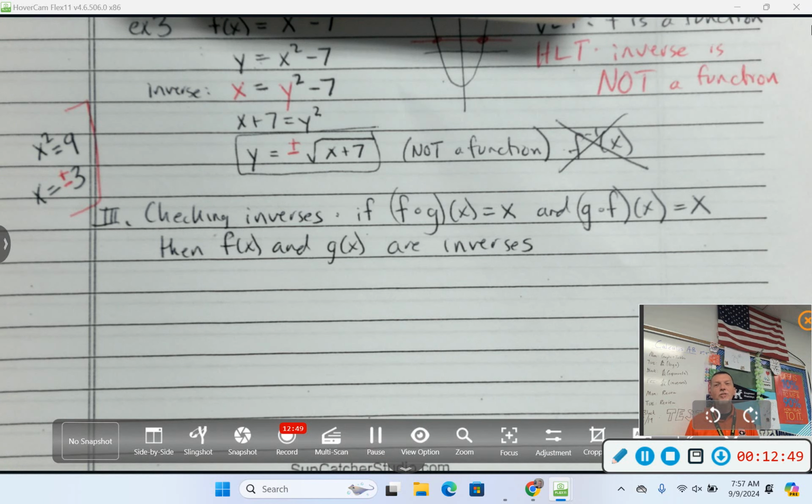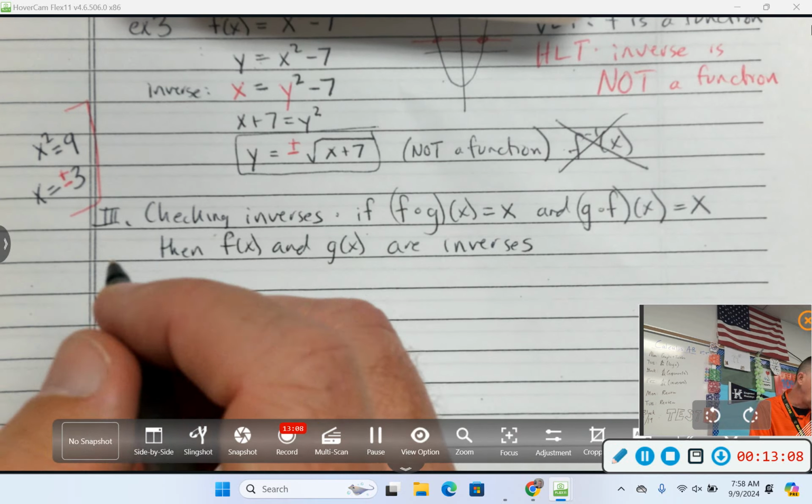When I ask you to check, you have to do both and show that they're both equal to x. So those problems always have two pieces, potentially. If f of g of x is not equal to x, you can stop there and say they're not inverses. But to show that they're inverses, you'd have to do both.